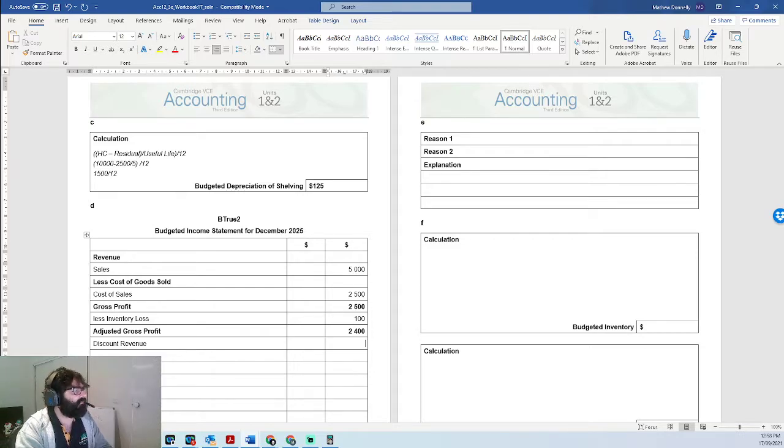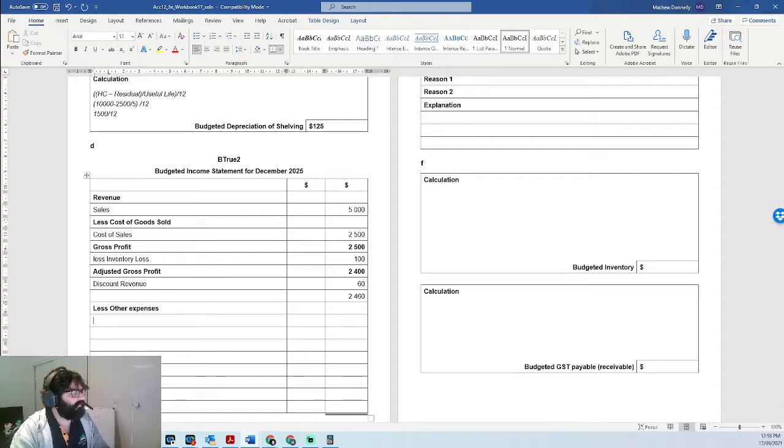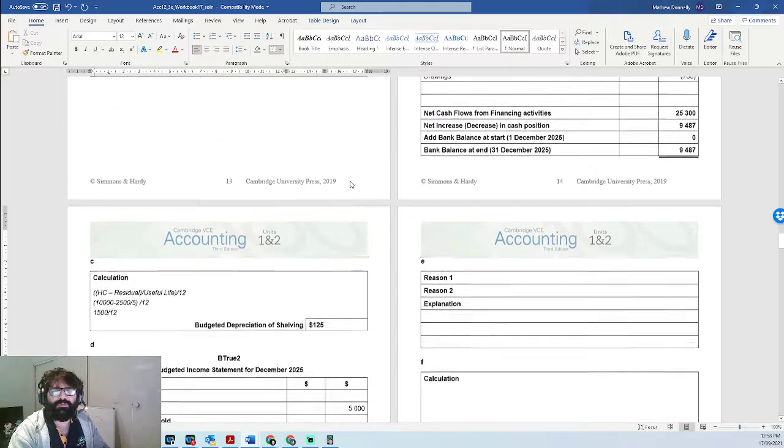And our discount revenue, if you have a look at the 6th dot point, yep, 6th dot point, you can see at the end they earned a discount revenue of $60. So it becomes 2,460.